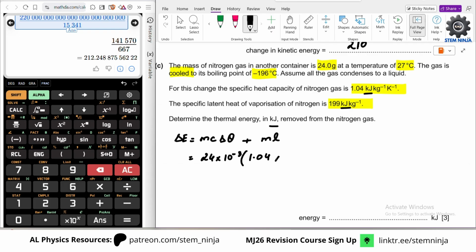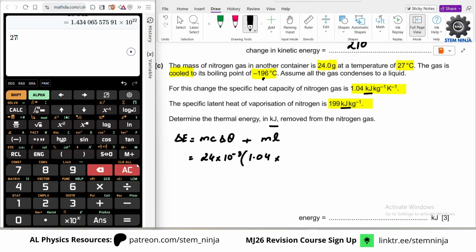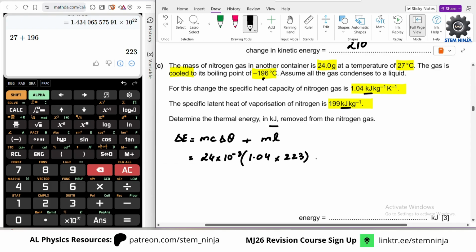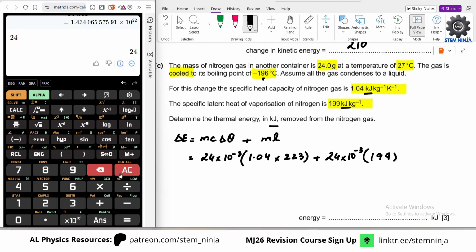Times the change in temperature, from 27 to minus 196, so 27 plus 196, 223, plus 24 times 10 to the power minus 3 times 199.